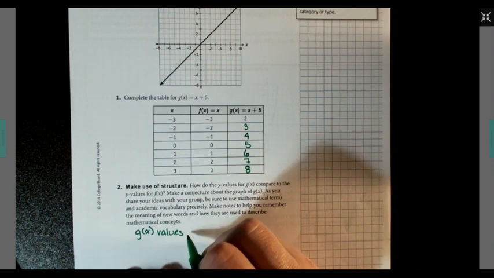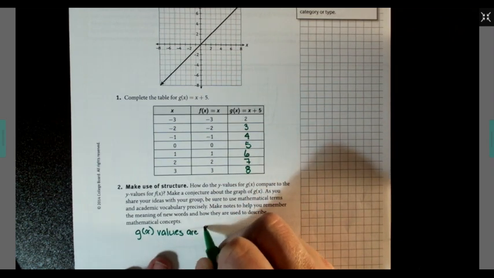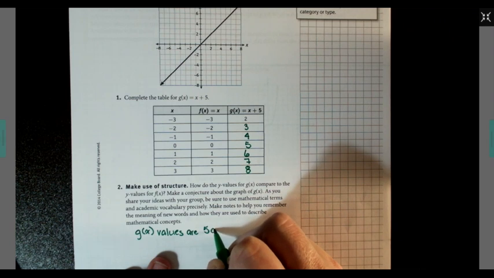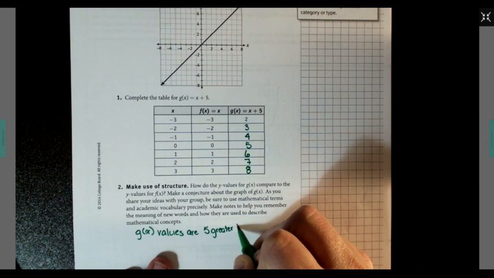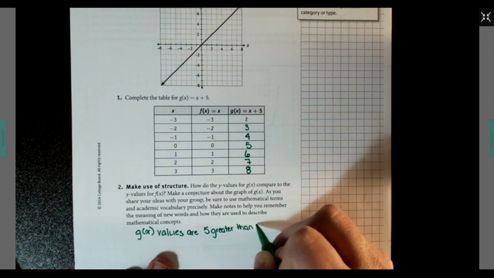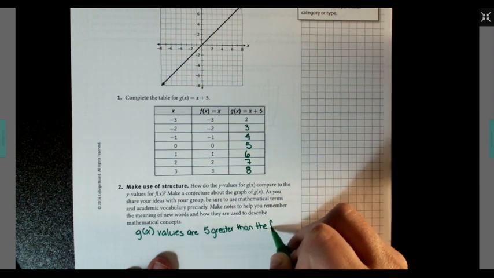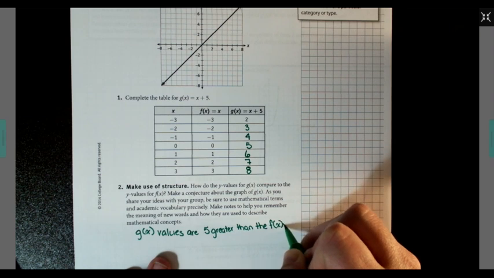So the g of x values are 5 greater than the f of x values.